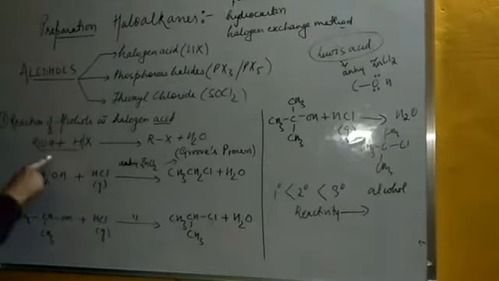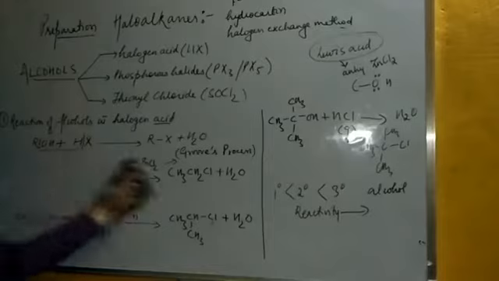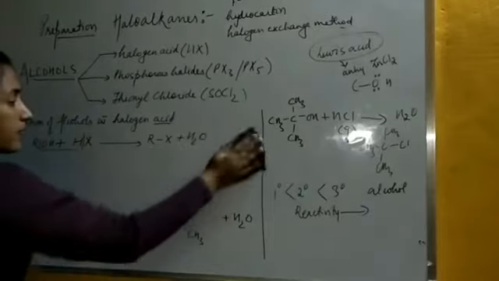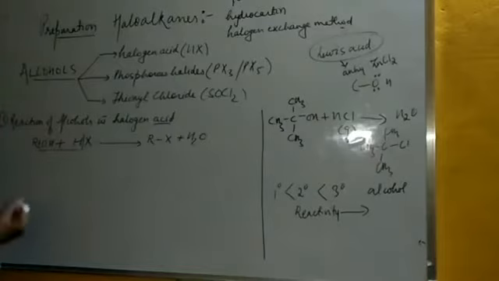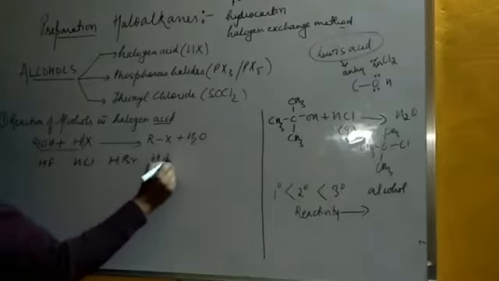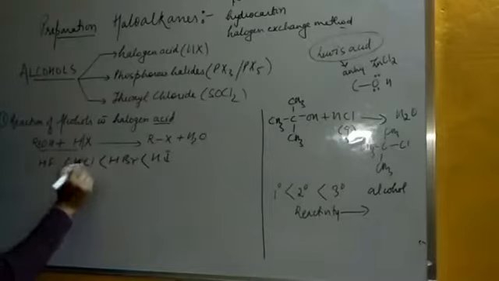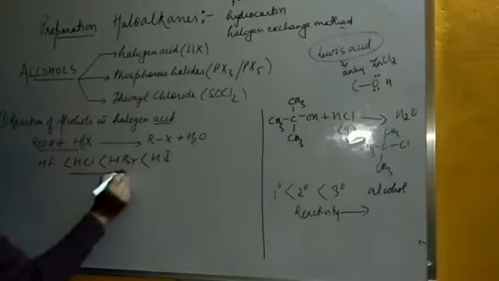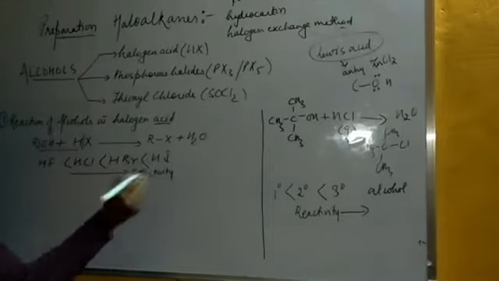We have discussed the reactivity of one of the reactants of this reaction, that is alcohol. Now what about this halogen acid? Now students, the halogen acids, the reactivity: HF, HCl, HBr and HI. Among these, the halide ion will be formed easily with HI. So the reactivity increases in this order, right?